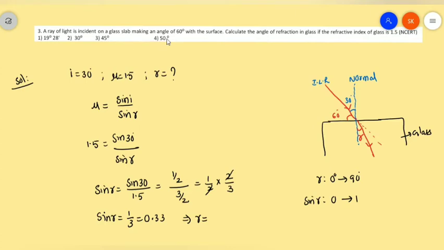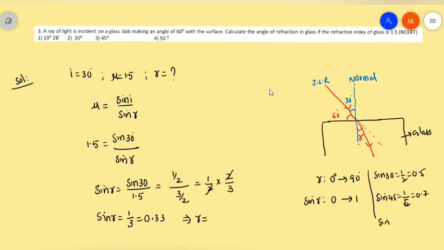Okay, when the angle is increasing, theta is 30, 45, 50, the theta value is increasing. At that moment sin 30 value we know as 1 by 2, that is 0.5. And sin 45 value is 1 by root 2, its value is 0.7.